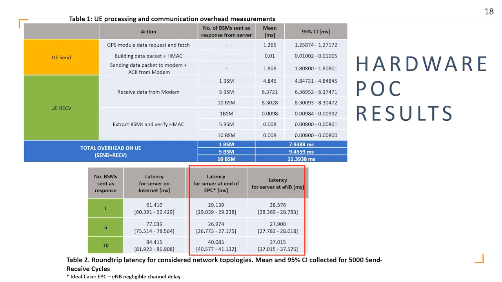Note that in the case of server at end of EPC, we only measure the ideal case of having the server right next to the EPC and negligible channel delays between EPC and ENB. Additional latency would be present if the server is far from the EPC. So theoretically, for server at end of EPC, the latency would be between server on the internet and server at the end of ENB cases.